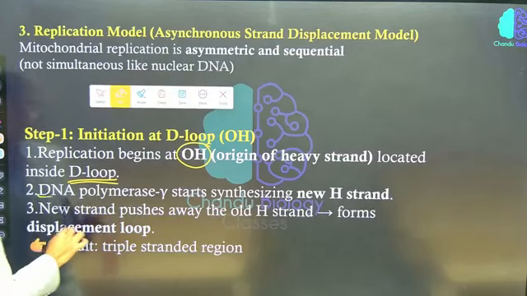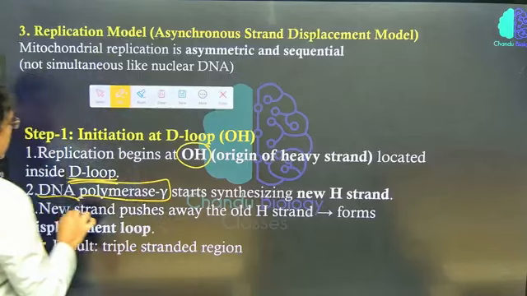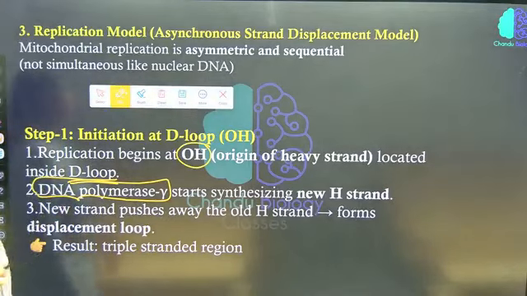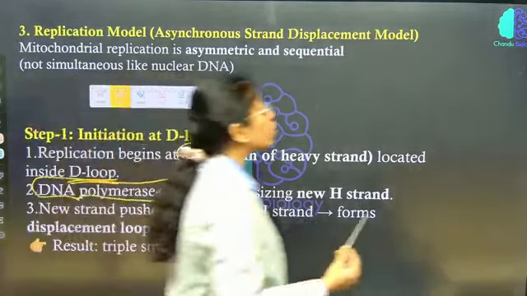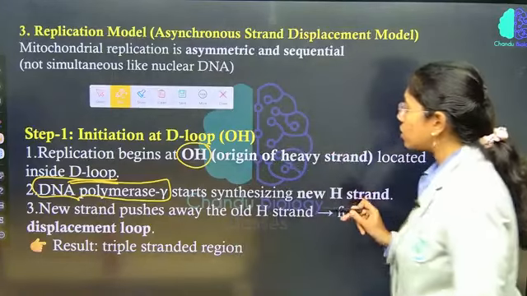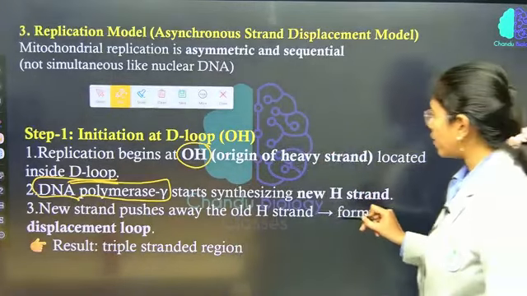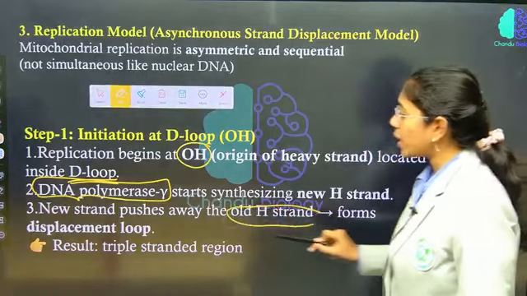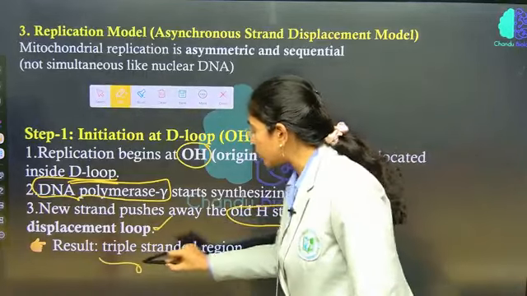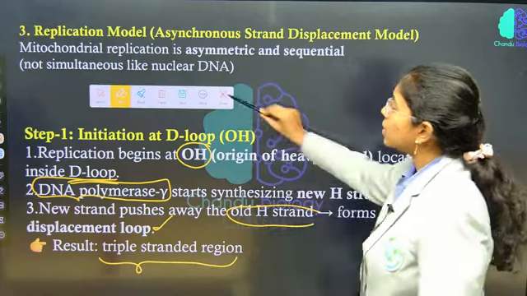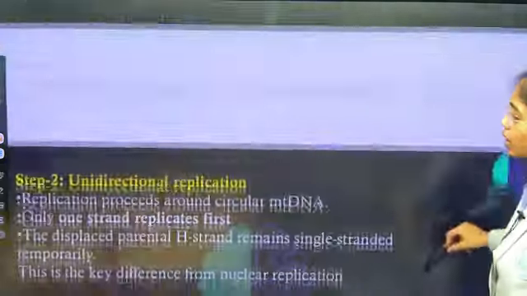DNA polymerase gamma starts synthesizing the new heavy strand. The new strand pushes away the old strand, forming a displacement loop. This forms a triple stranded region.